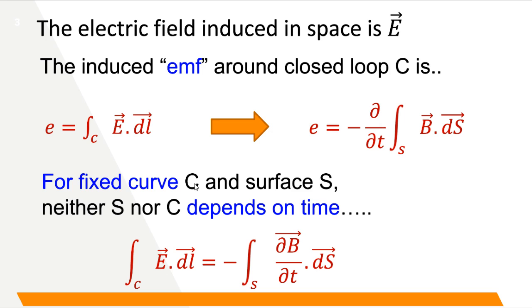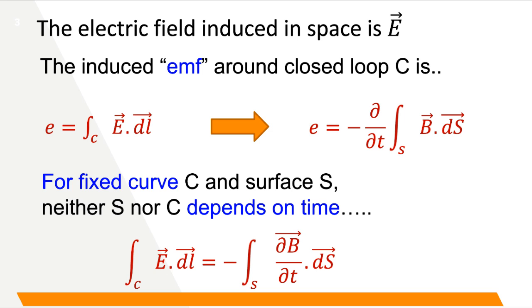For a fixed surface S and curve C, S and C never depend on the time. Therefore, I can take this dou by dou t inside. That is mathematical. So the rate of change, the size of the curve or the surface enclosed by that curve, that means the bangle size is not changing.